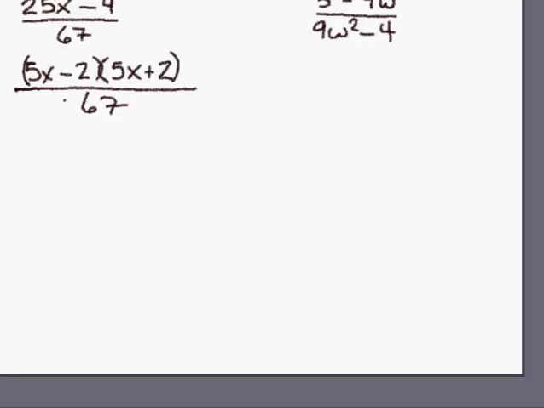The domain of the rational expression is all real numbers except where the expression is undefined. In this case, there is no real number that makes the expression undefined, so the domain is all real numbers. Since it's impossible for 67 to equal 0, there are no excluded values for the domain. So we can say that the domain is the set of all real numbers.